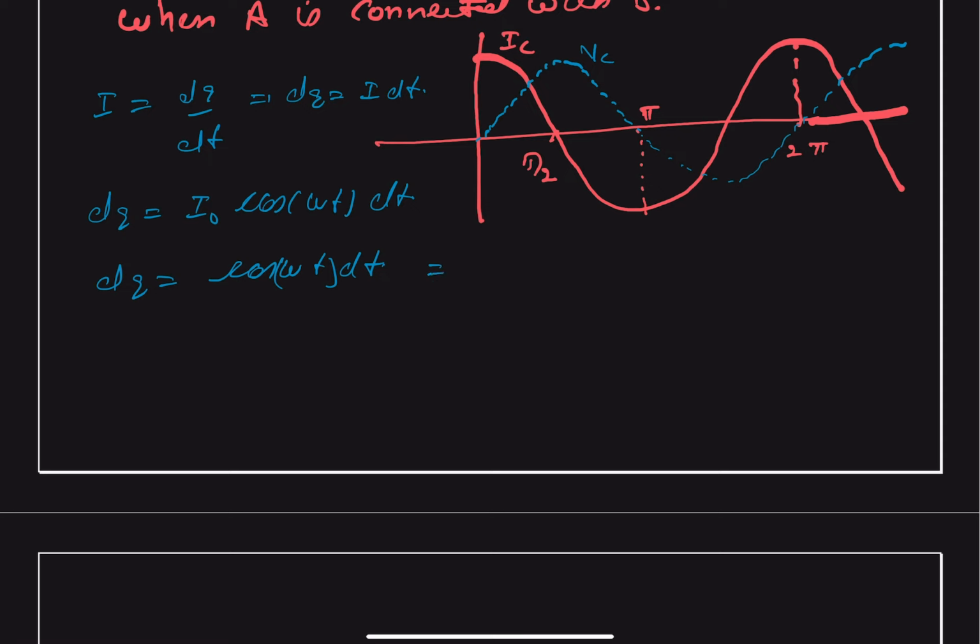So from here, if the total charge is represented as q, then q will be the integration of dq, and this will be the integral of cos of omega t times dt. Now we have to find out what were the limits of this particular integral. First of all, obviously it is going to start from 0, so the lower limit will be equal to 0, and now we have to define the upper limit.